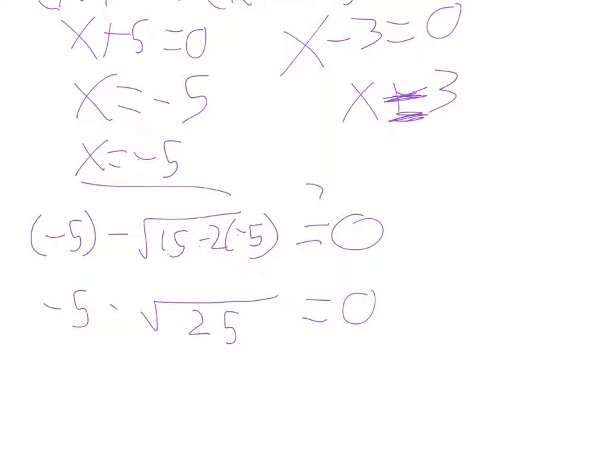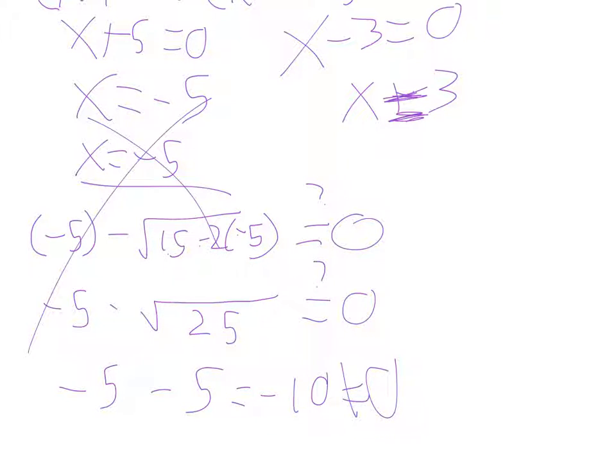We're trying to figure out if subtracting these would give you 0. Square root of 25 is 5. So negative 5 minus 5 is actually negative 10, which is not 0. So we don't care about that.